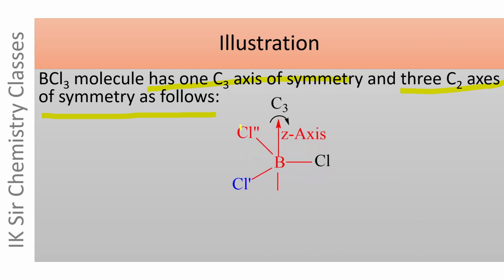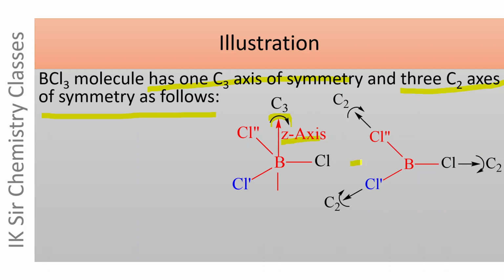This is BCl3 molecule. It has C3 axis of symmetry as we have illustrated earlier. The Z-axis in BCl3 molecule is C3 axis of symmetry. BCl3 molecule contains 3 C2 axis of symmetry.